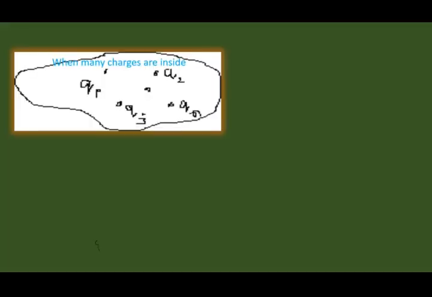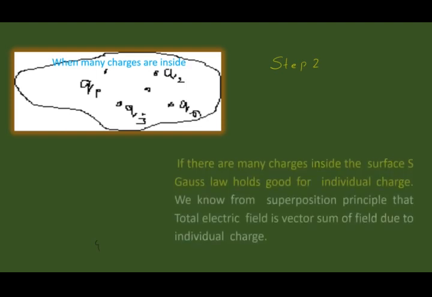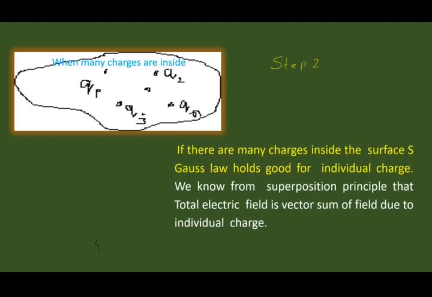Step 2, when all the charges are inside the closed surface and no outer charges, but there are many charges. We know that if there are many charges inside the surface S, Gauss law holds good for each individual charge because of the superposition principle.